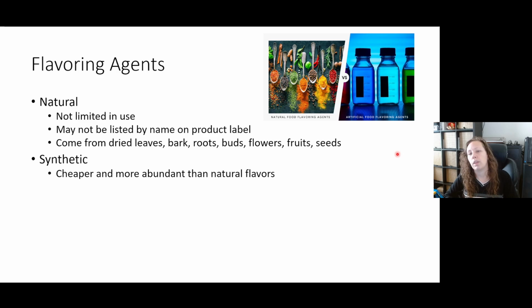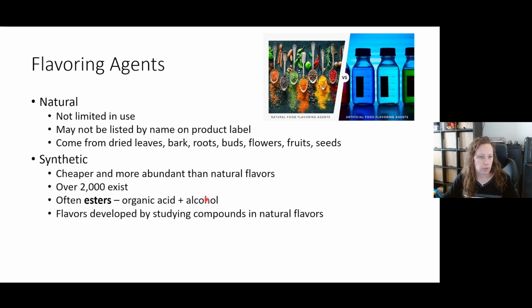And so they develop a synthetic strawberry flavor that can be produced in as much quantity as they want or need. And so it's more abundant than natural. There are over 2,000 different synthetic flavoring agents that exist.